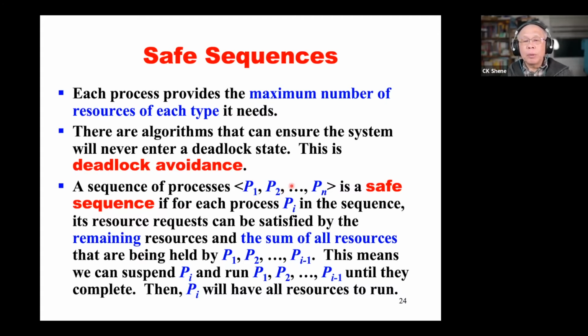The next process, P3, after P2, means the current available resource plus the resource being held by P1 and P2, the sum of these two owned by P1 and P2 and the currently available resource are good enough to satisfy P3's request. So if we could arrange the processes in the system in this order, then we have a safe sequence.